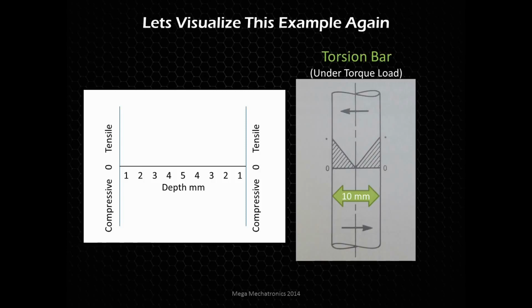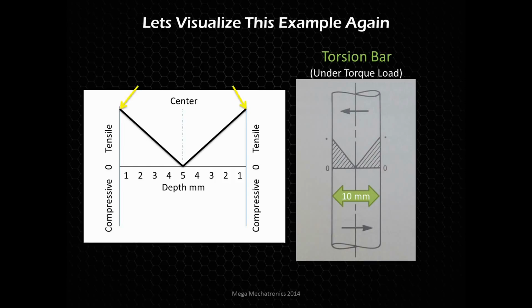And as we move towards the center of the part, the depth goes to 5, and then it starts back to 4, because it's only 4 millimeters deep from the other line. So here's the center of the part, this 10 millimeter diameter part, and here's the center point at the 5. And then drawing the stress data, we could see it's on the tensile side.